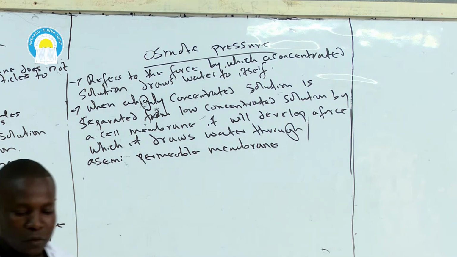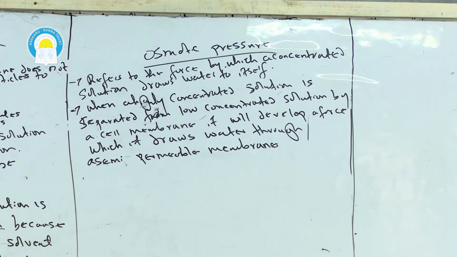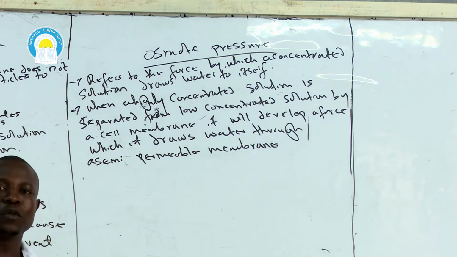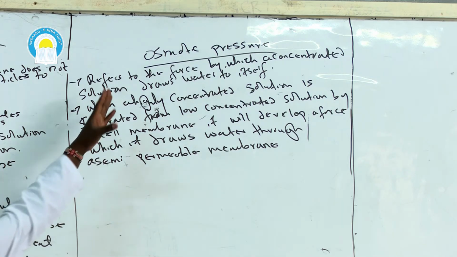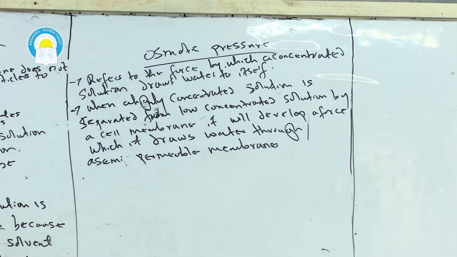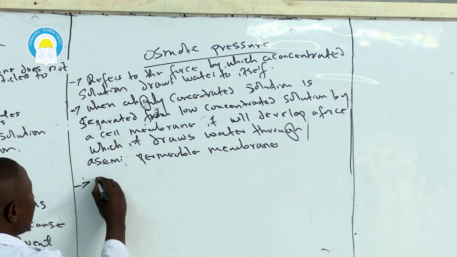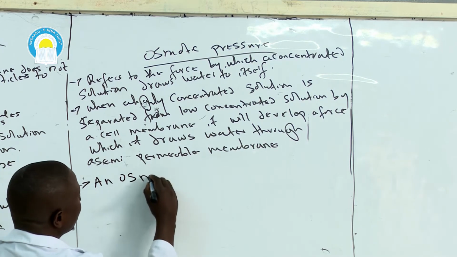At the other point of being told, the distilled water, which is highly concentrated, is going to move from where it is highly concentrated into where it is what? Lowly concentrated. And how do we measure osmotic pressure? We have an instrument called an osmometer.